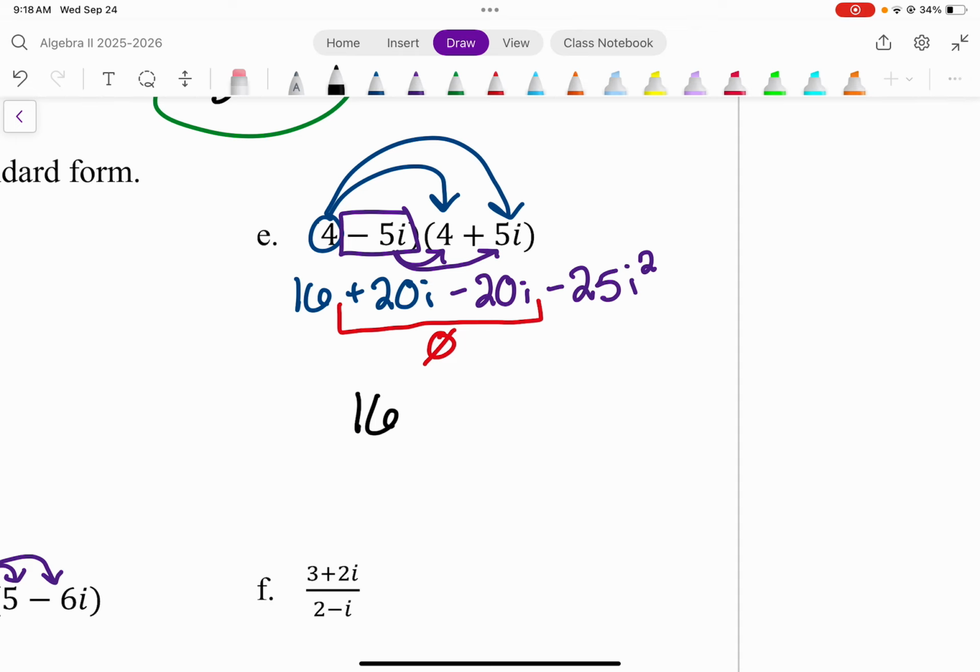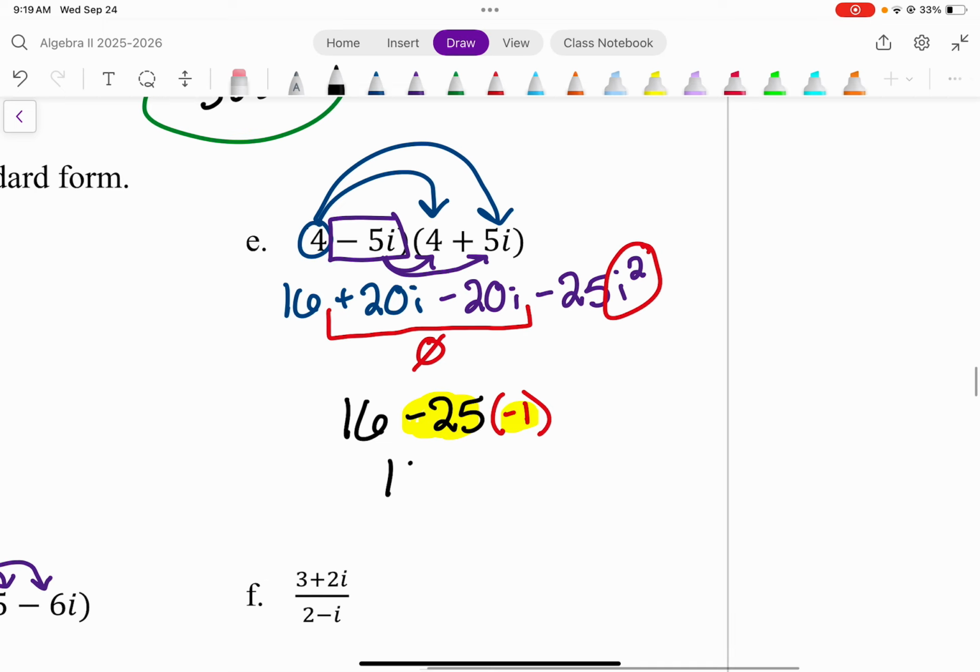So then we are left with 16 minus 25. And don't forget, when you have i squared, that is equal to negative 1. So then here we have two negatives that are being multiplied together. So negative 25, negative 1. That's going to become a positive. So 16 plus 25. And once we add those, we get our final answer of 41.